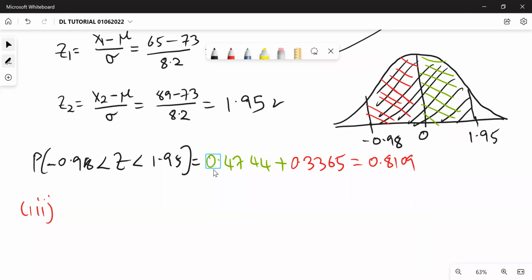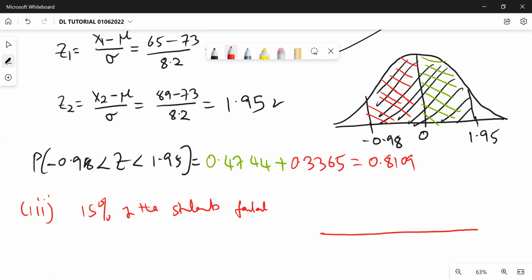So the last question, where we are told that 15% of the students failed or they scored grade E. If you are to draw the diagram, you would be talking about the lowest performers.